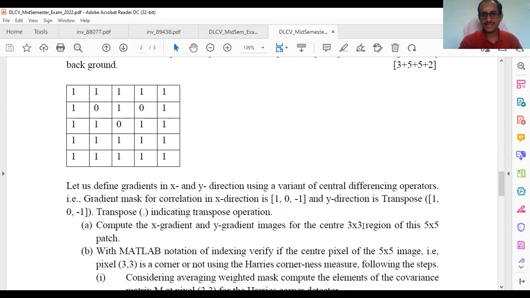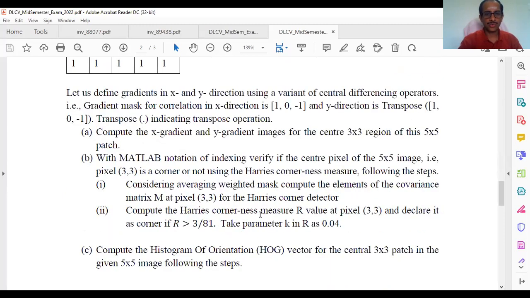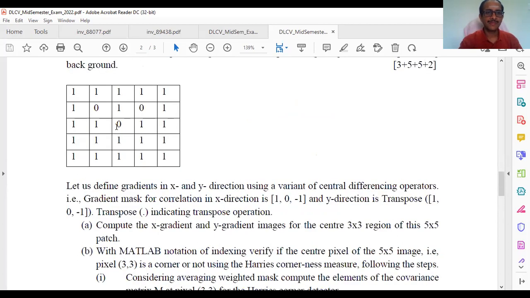Even here, it also helps us to check in a smaller patch how you compute Ix square, Iy square, and so on. Then you will get Ix square, Iy square, Ix Iy, each of them 3x3. Then, averaging mask convolution at the central pixel means convolution at the center with a 3x3 mask, which is element-wise multiplication and then sum, that's all.